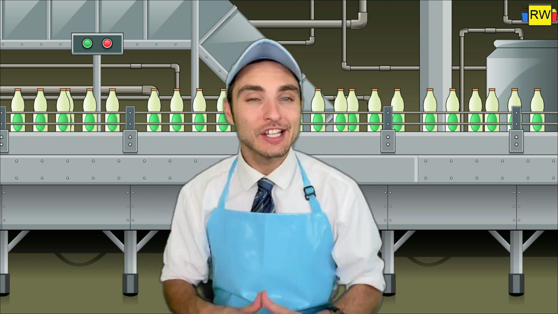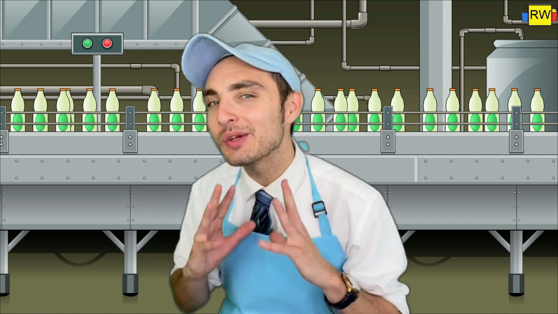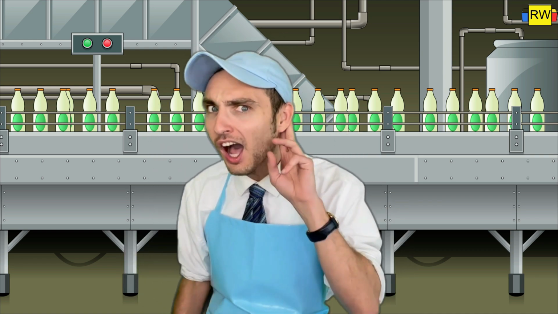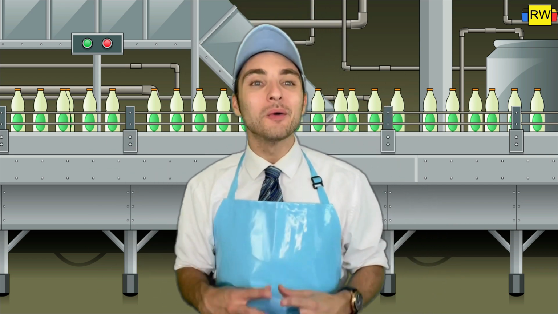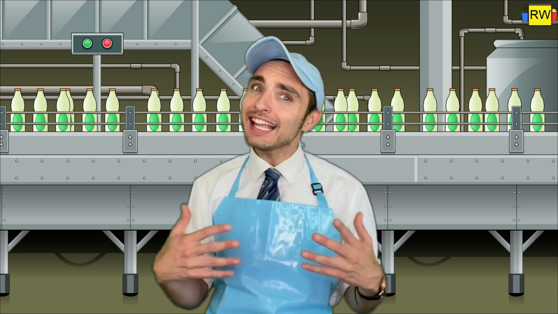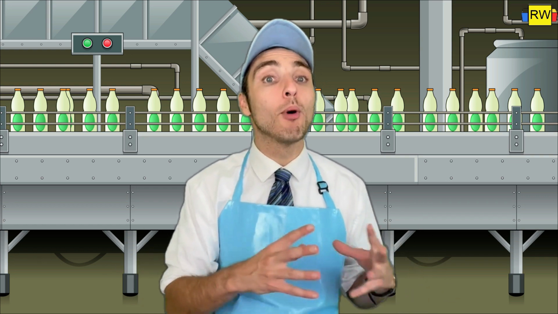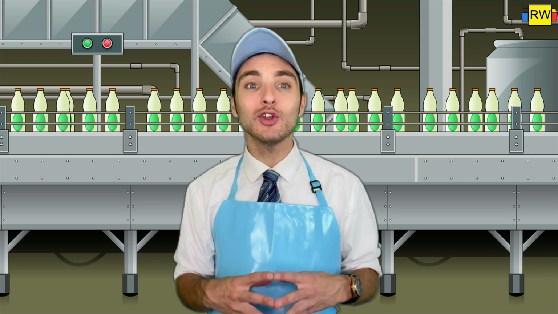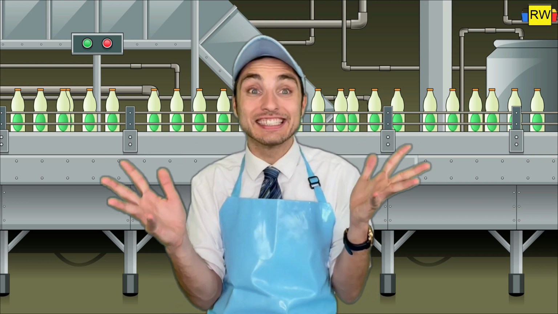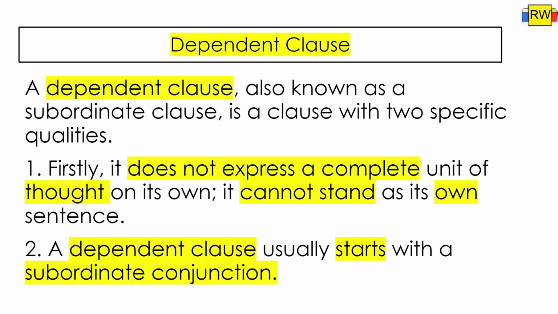And grammar goodies, do you want to know a really interesting thing? Well, dependent clauses can actually be called subordinate clauses as well, because they will start with something called subordinating conjunctions. And you'll see that a subordinate clause has two main components.